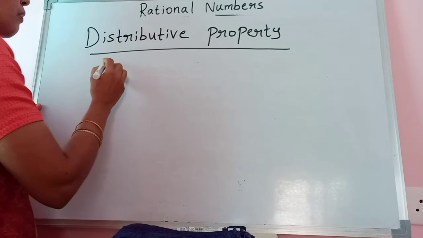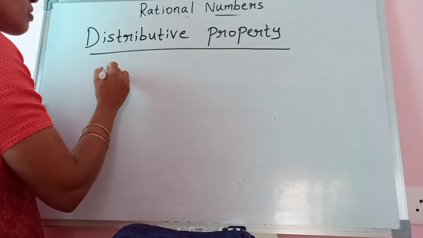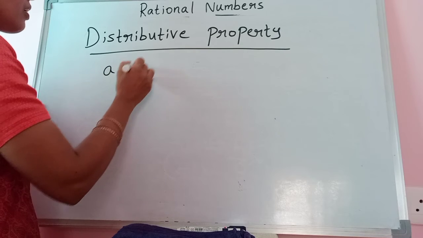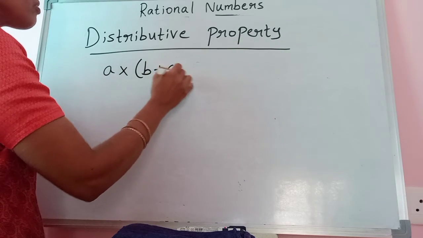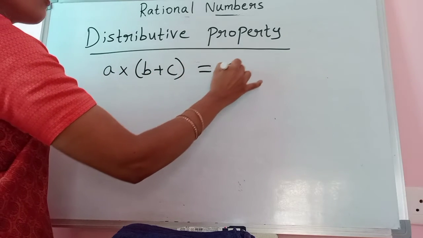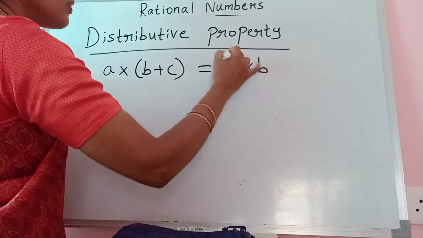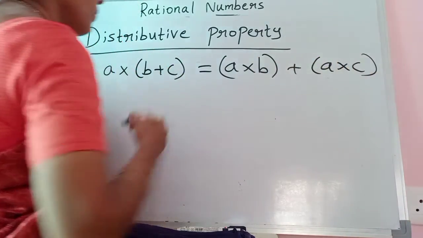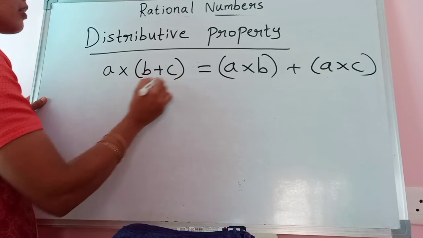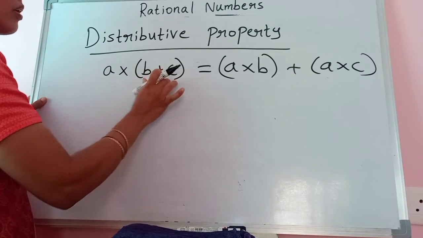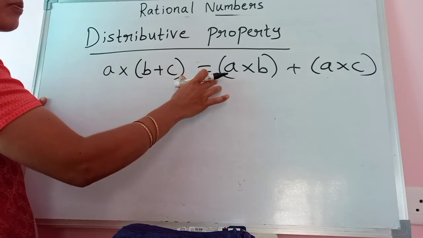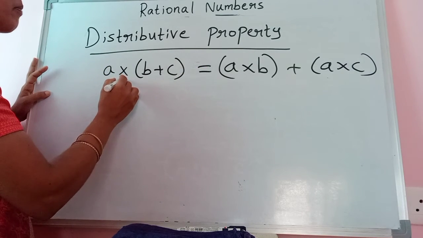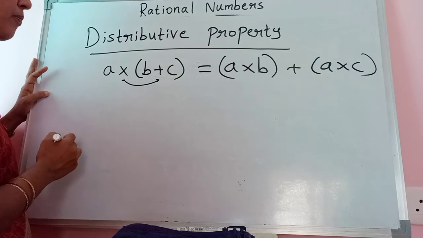Multiplication over addition general form is, if A, B, C are 3 rational numbers, then A into B plus C is equal to A into B plus A into C. A we are multiplying to both. That is why we call this the distributive property.